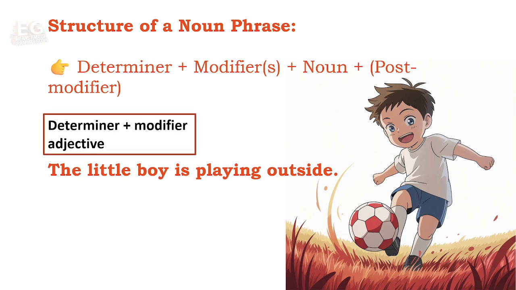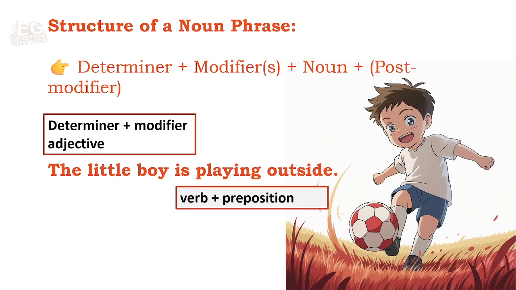In this sentence, the determiner is the, then the modifier, an adjective, is little. Then we have the noun boy. In the post modifier, we have the verb is playing and then the adverb outside. So in this sentence, the little boy is a noun phrase.